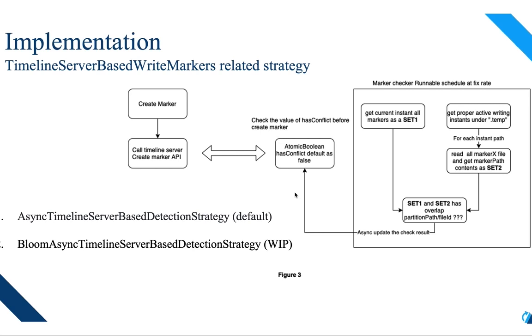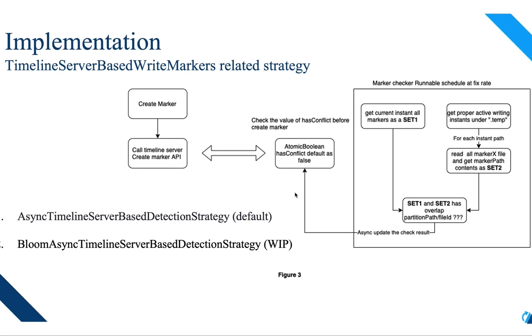In extreme cases, the delay of early conflict detection will also occur, but fortunately we can adjust the frequency of the scheduler according to the actual situation. Secondly, the marker check runnable only looks at the instance smaller than the current writer for conflict detection.